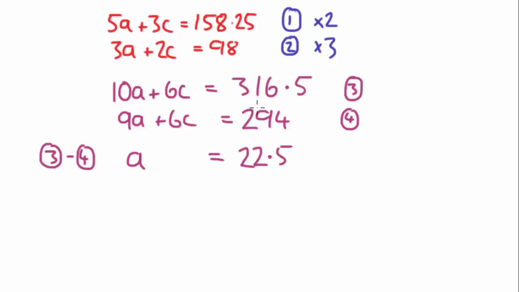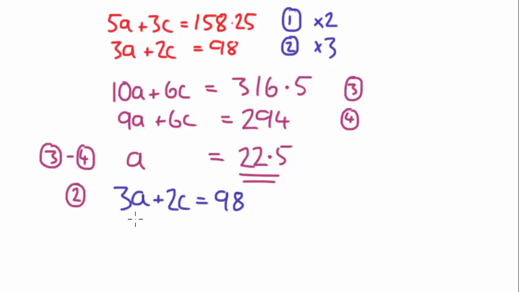What we then need to work out is what C is. So all we do there is take one of the equations, I'm going to take equation 2. Remember, equation 2 is 3A plus 2C equals 98. Now we know what A is, so we can substitute that into this equation.